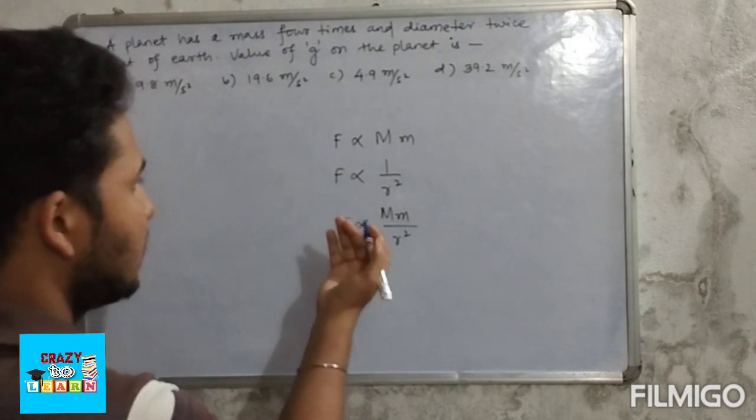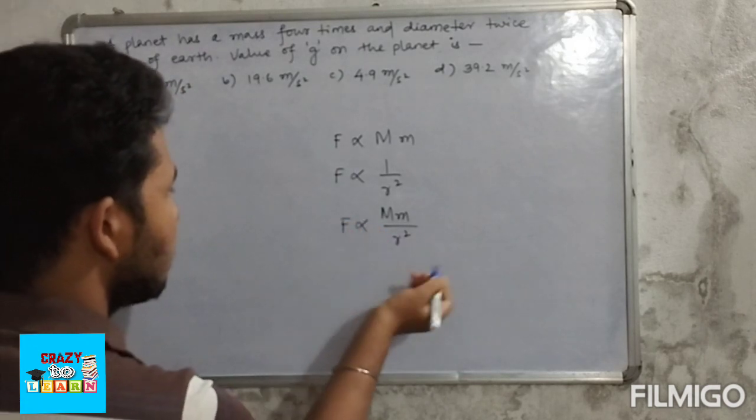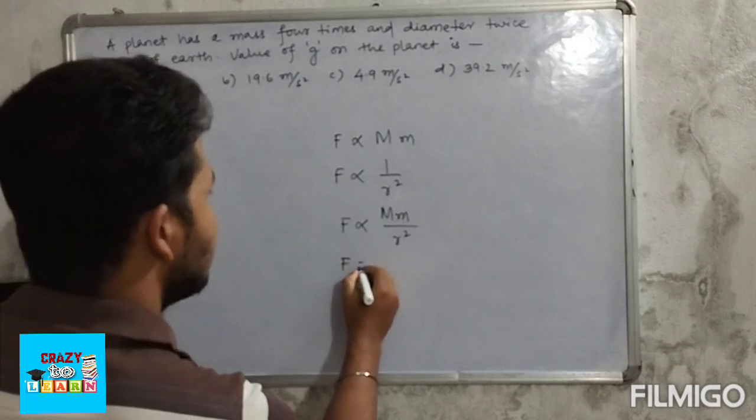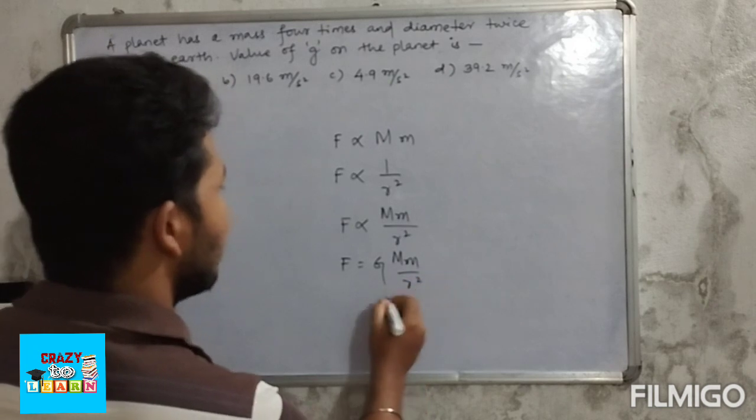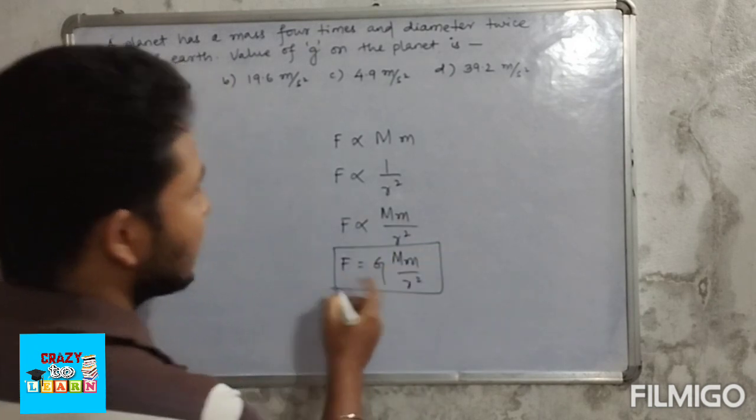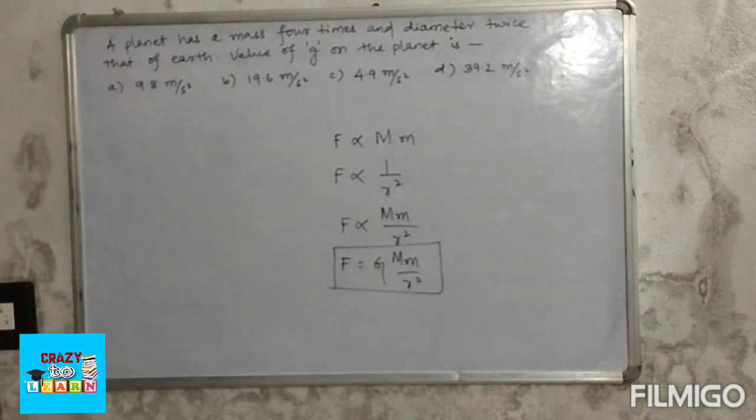If we take out the proportionality sign and put a proportionality constant, we will get F is equal to capital G capital M small m by r square, where capital G is called the universal gravitational constant.